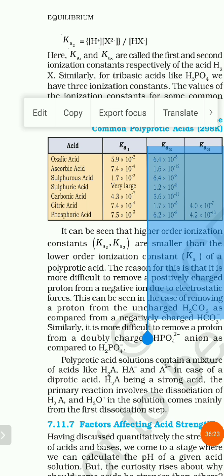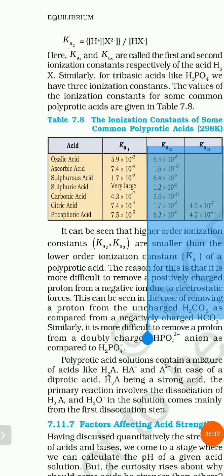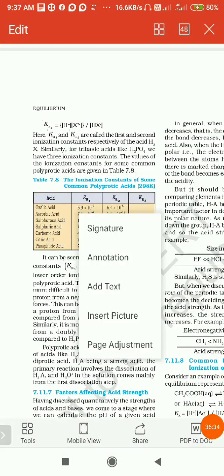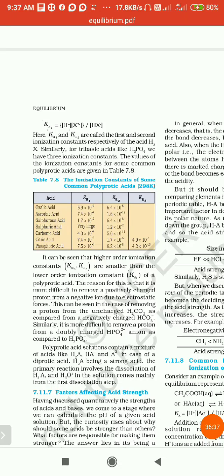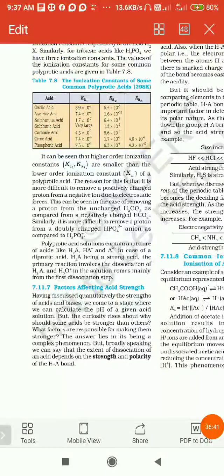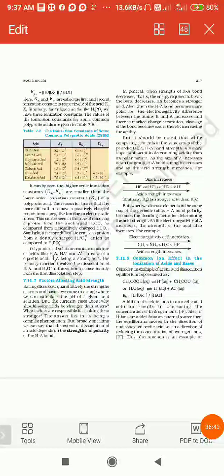To remove that proton you have to apply more energy. So Ka2 and Ka3 are always lower. This is for polyatomic, di and polyatomic acids and bases.